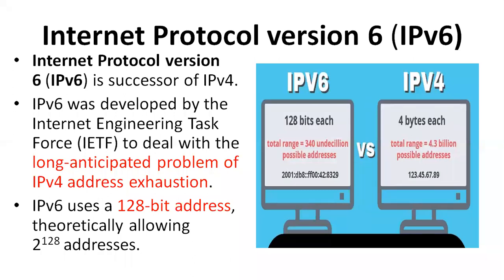Here, IP version 6 is the successor of IP version 4. Why is it the successor of IP version 4? The total range of IP version 4 is 4.3 billion. 4.3 billion addresses are there. Here, the right side diagram shows that 4 billion addresses are there.